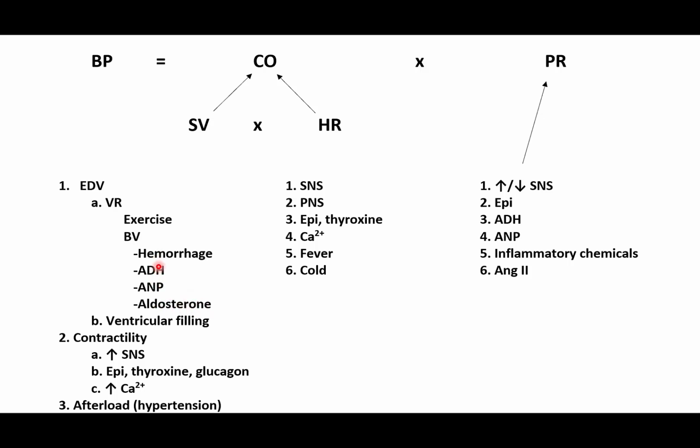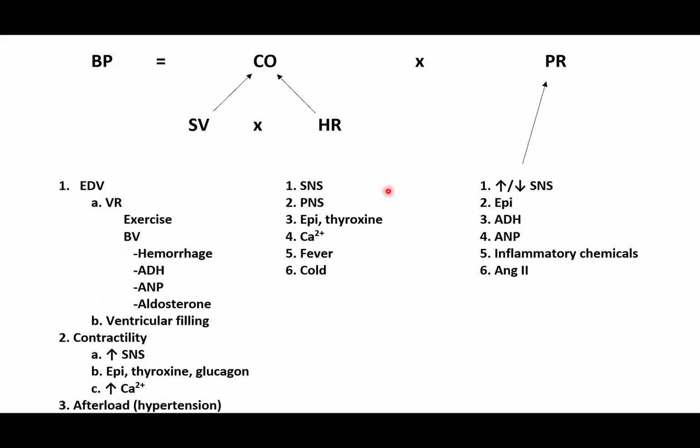Any of these four things will regulate blood volume. Blood volume regulates VR, VR regulates EDV, and EDV regulates stroke volume, which regulates cardiac output, ultimately regulating blood pressure. That's how this chart works. Over on the right, today we're going to see these things affect peripheral resistance, which affects blood pressure.